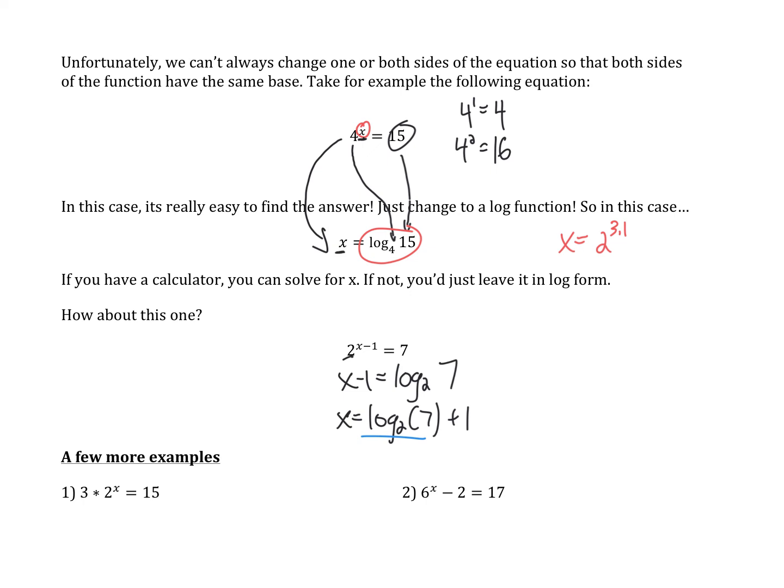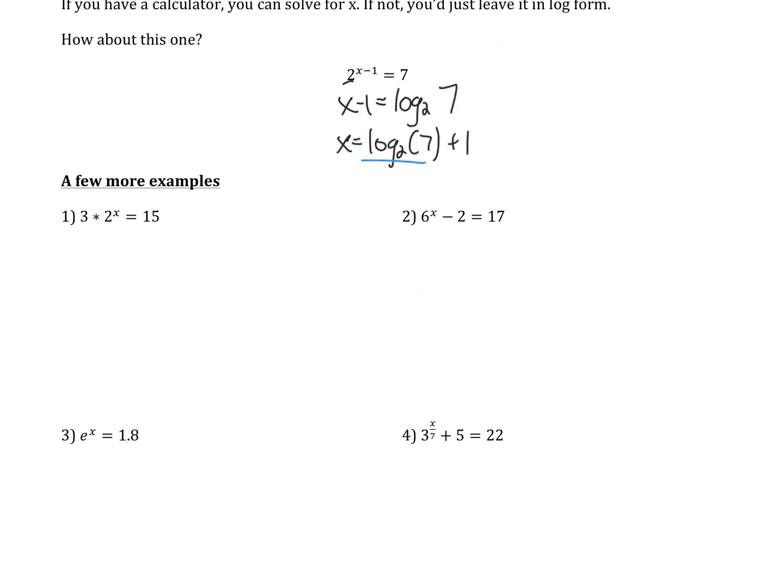Okay, let's do a couple examples together, and then that's going to be it. So 3 times 2 to the x equals 15. Before you can log roll it, you have to isolate that expression, the 2 to the x. So what we're going to do is divide both sides by 3.